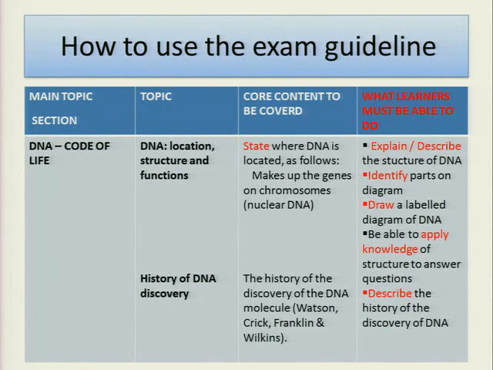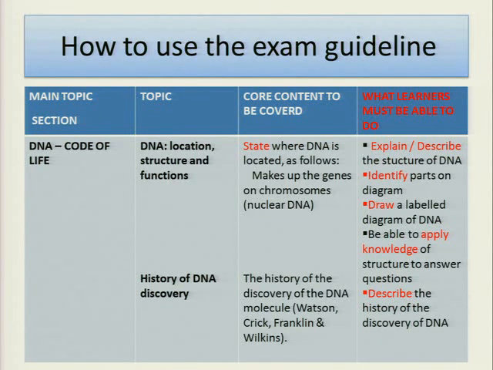And then how to use the examination guideline. You look at the main topic section, the DNA code of life, and then you look at the topic that is the DNA. You have to know the location, the structure, and the functions. And then the core content to be covered: you state where DNA is located as follows.